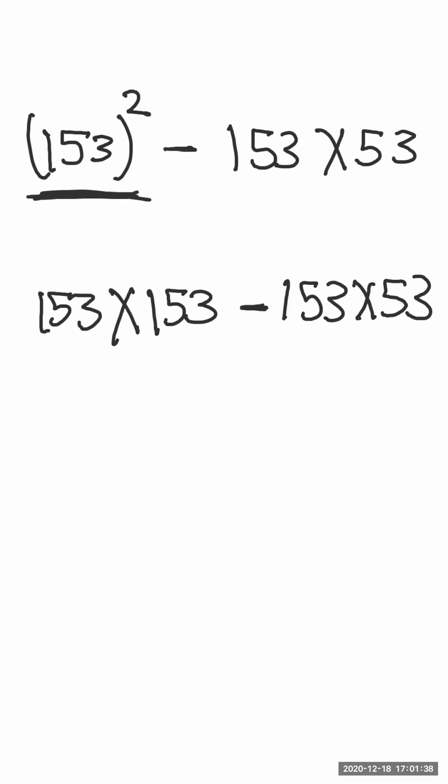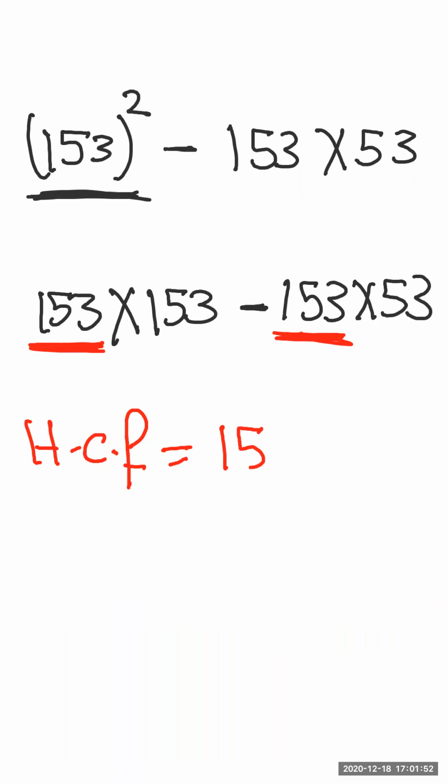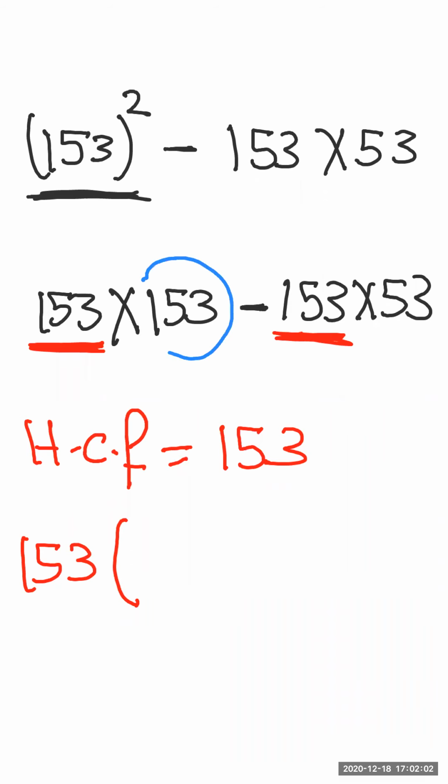Now it becomes very easy. How to get the highest common factor? 153 is here and here, so the highest common factor will equal 153. So now place the highest common factor and the brackets. 153 times, what will be the remaining from the first term? 153.